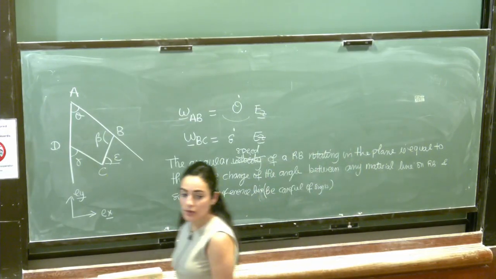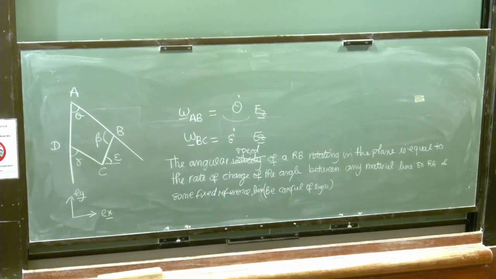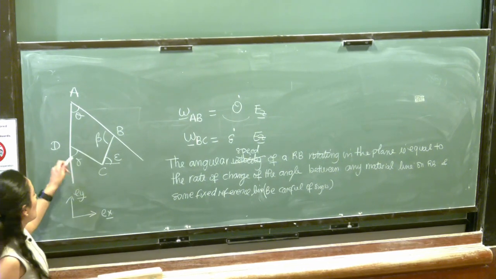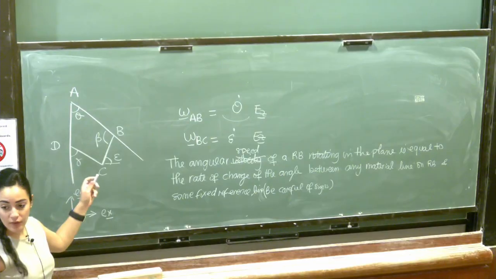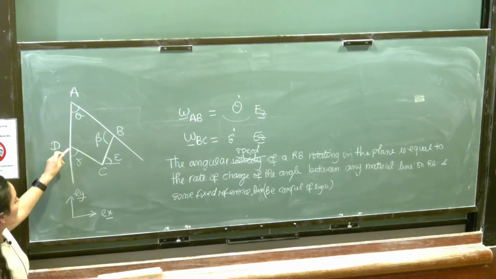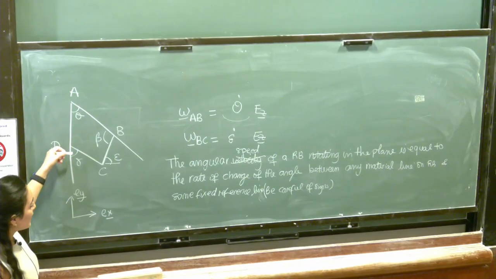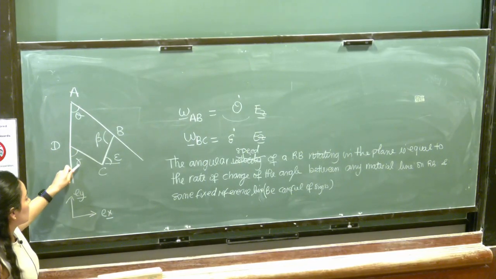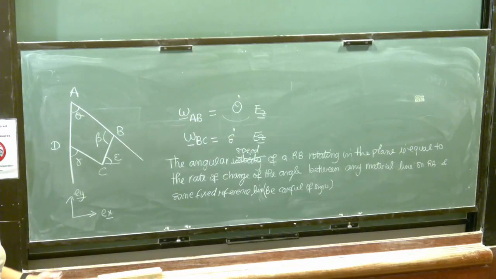Okay, so the angular speed of a rigid body rotating in the plane is equal to the rate of change of the angle between any material line on the rigid body, for example, bar DC, any material line on the bar DC is the line itself. It's the rate of change between this material line on the rigid body and any reference line that is fixed. So that could be gamma, the rate of change is gamma dot, but I have to take into account the signs too.